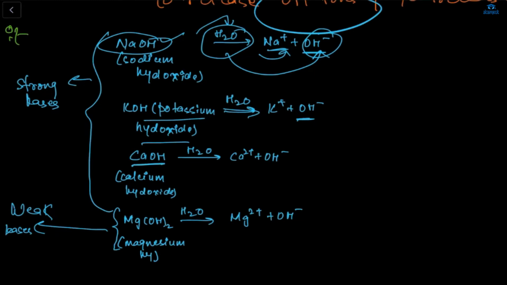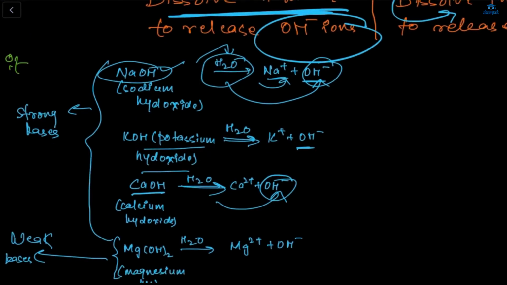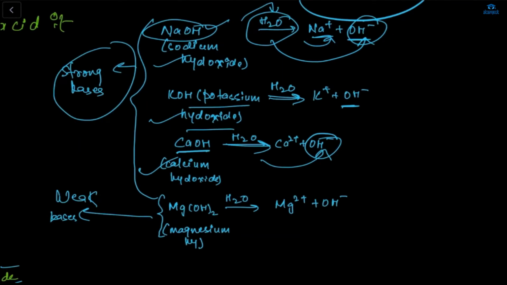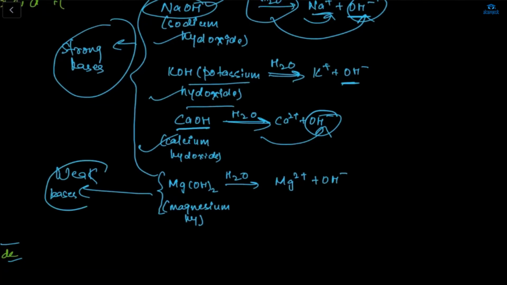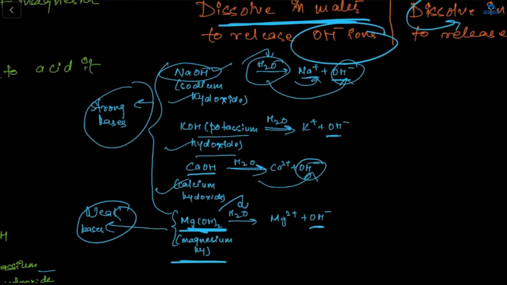Calcium hydroxide also releases in water the OH minus ion. These are the strong bases: sodium hydroxide, potassium hydroxide, and calcium hydroxide. And what is the weak base? This Mg(OH)2 is the weak base. Okay, weak base. And if this is dissolved in water, it will also release the OH minus ion.